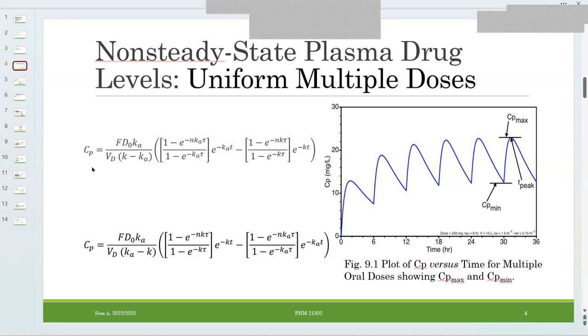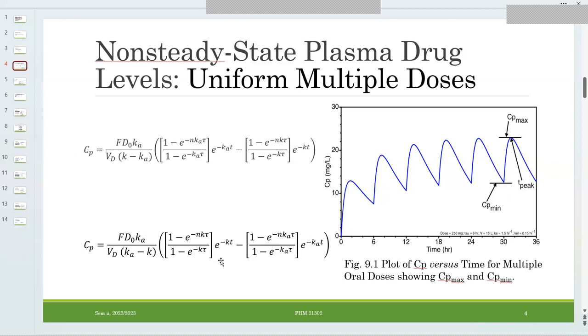And then you have an equation to calculate the concentration after a number of doses before steady state has been achieved, such a bulky and complex equation, and it depends on the number of doses. So the larger the number of doses, the larger the concentration will be. But this equation actually has two forms.